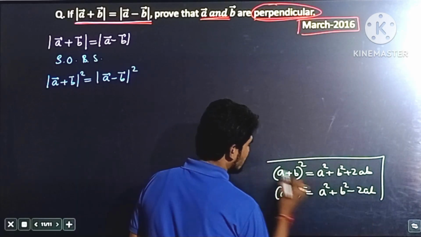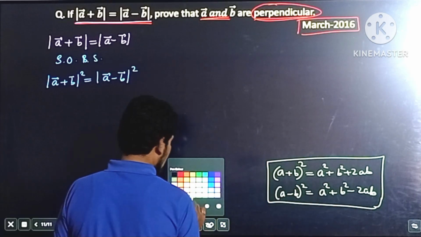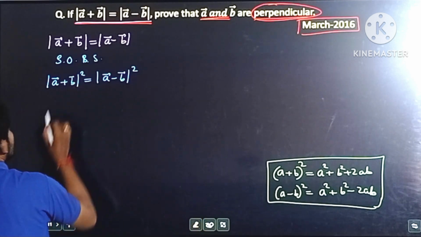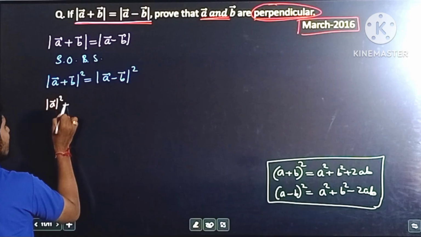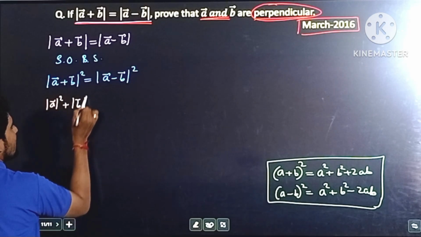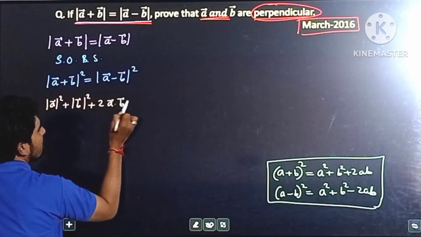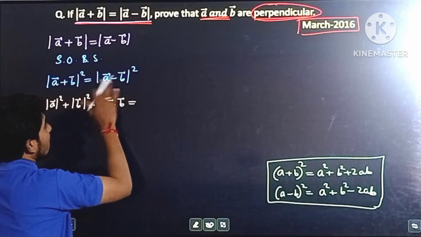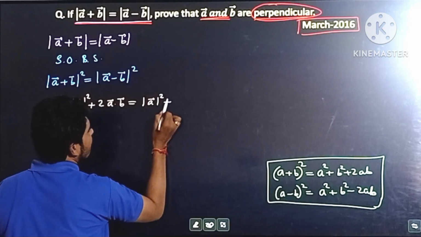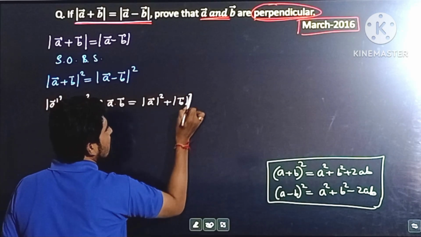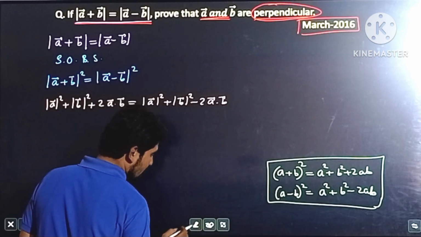So by using these two formulas, magnitude of A vector plus B vector whole square can be written as magnitude of A vector square plus magnitude of B vector square plus 2 into A vector dot B vector, which is equal to magnitude of A vector minus B vector whole square, which is equal to magnitude of vector A square plus magnitude of vector B square minus 2 into A vector dot B vector.